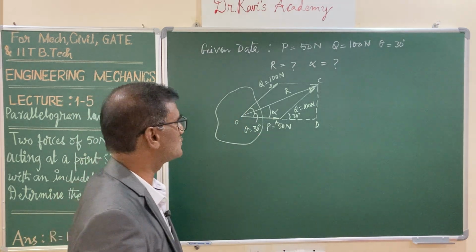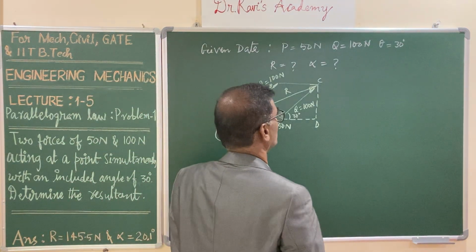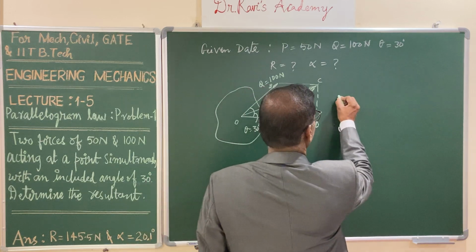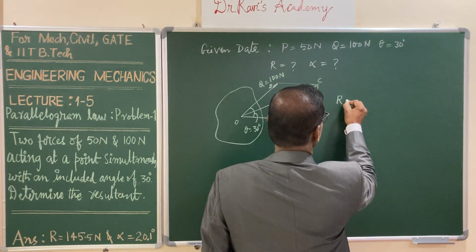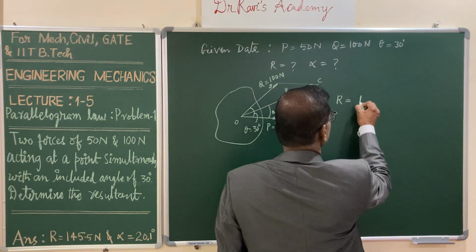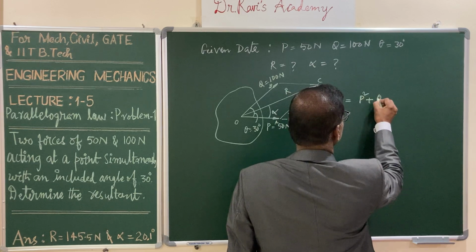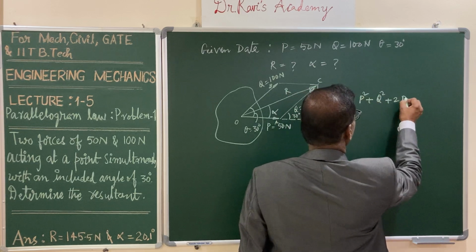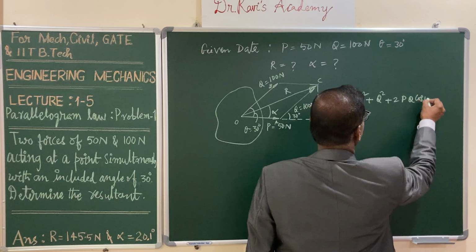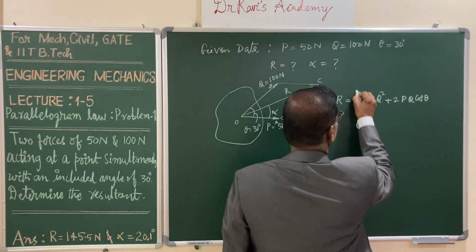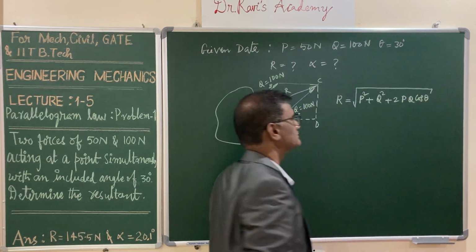Now you make use of the parallelogram law of forces. As you know, the expression for it is R equals the square root of P square plus Q square plus 2PQ cos theta, where theta is the included angle, all under root.